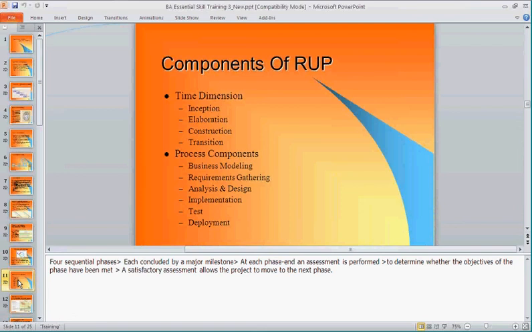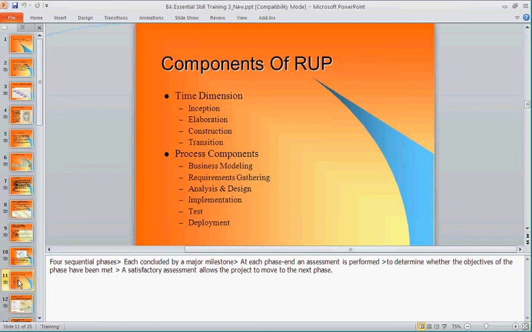Now let's look at the other dimension. We are doing certain tasks and activities. We are following certain processes, right? Throughout the software development life cycle. Yes or no? It is an iterative approach. So we will do those processes, the entire cycle of processes per phase.